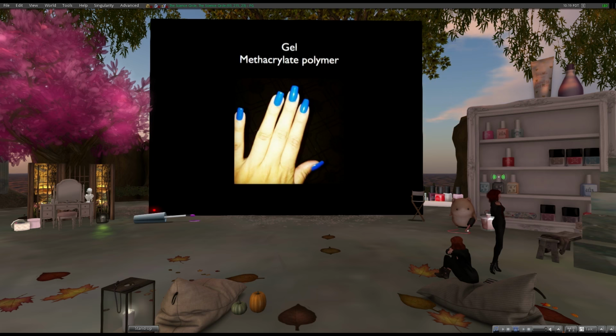Okay, so there's been a modern revolution in nail polish. Instead of using nitrocellulose and solvents that evaporate, we actually use gels, a thick gel which is based on a methacrylate polymer. It actually starts out as a monomer, and it's turned into a polymer by the application of ultraviolet light. And these are really smooth and shiny, and they dry in just 2 minutes, instead of having to wait 2 hours before the nail is hard.